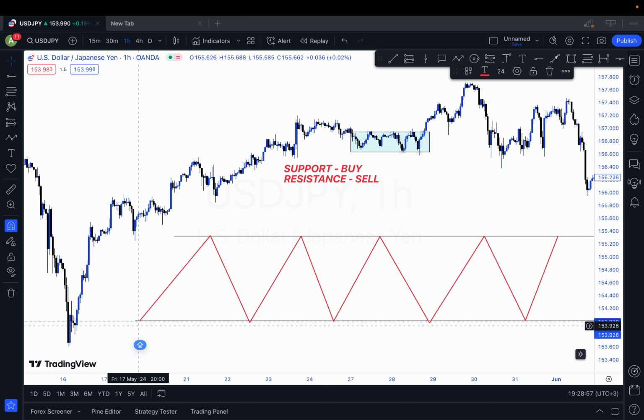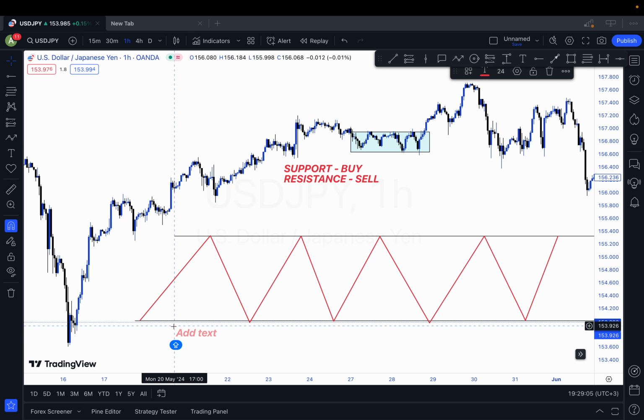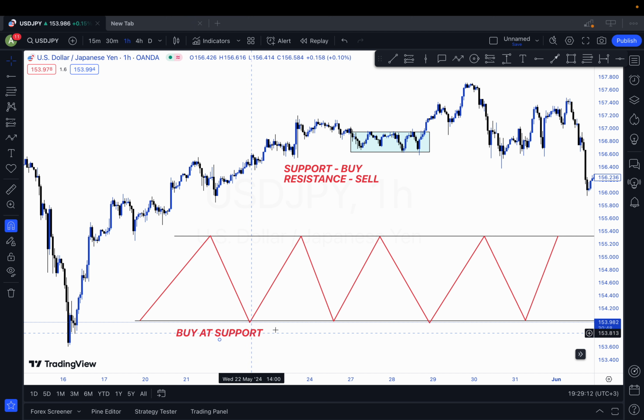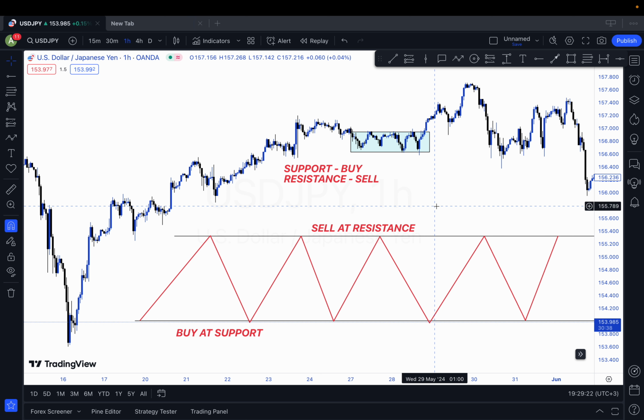So just try to buy at support. Try to get used to this. So we have buy at support, and we have sell at resistance. These two things are very, very common and essential.